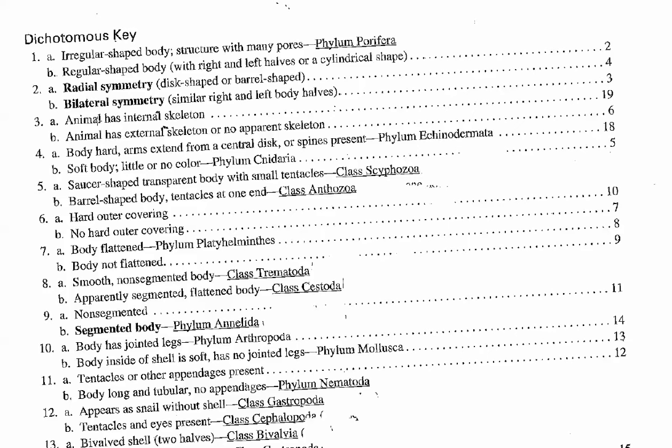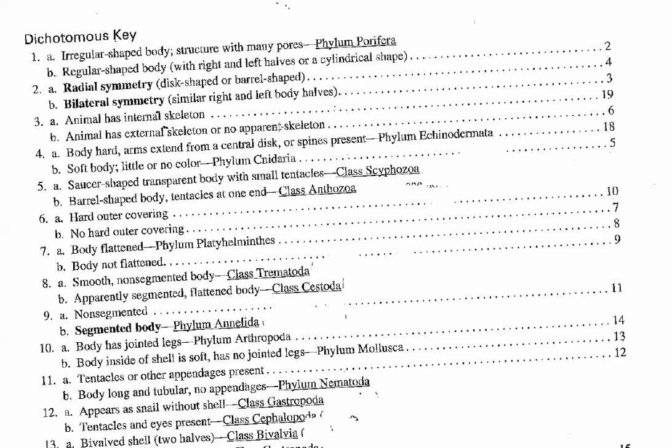So this third option is asking you about the animal's skeleton. It's asking you whether it has an internal skeleton, so you don't feel like hard outer coverings on the outside, or whether it has an external skeleton like an insect or a crayfish or something like that, or no apparent skeleton.